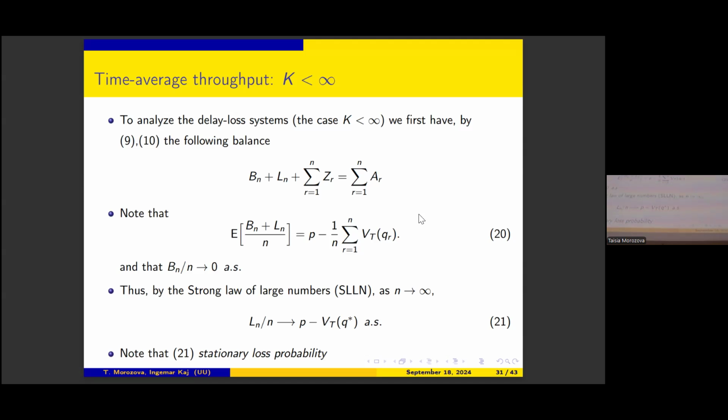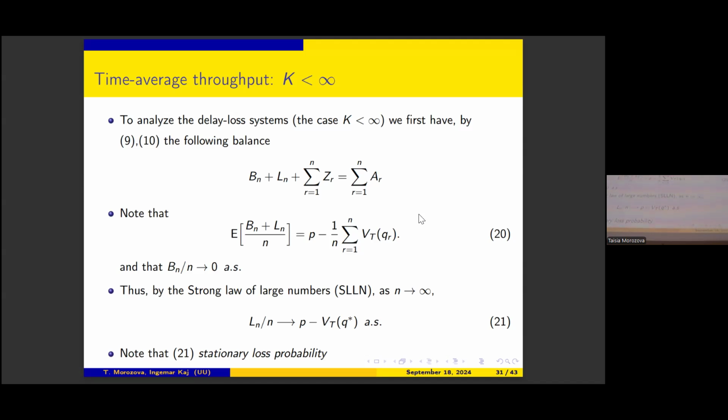Then we can write again the dynamics of the buffer in the following way. You can think of this as what happens to the arrivals that come to the network: they are either stored in the buffer, or successfully transmitted in the same slot, or lost. This is exactly what the first formula shows.